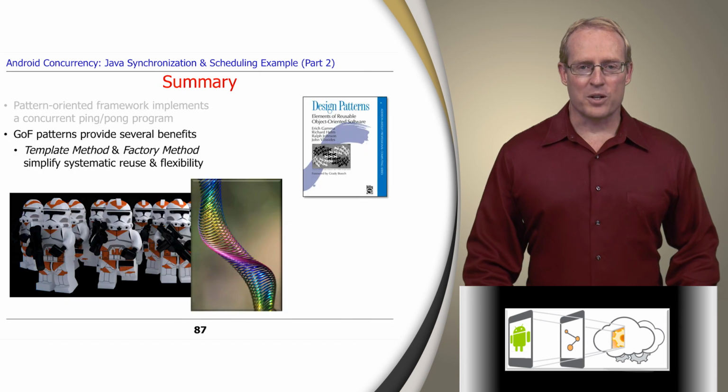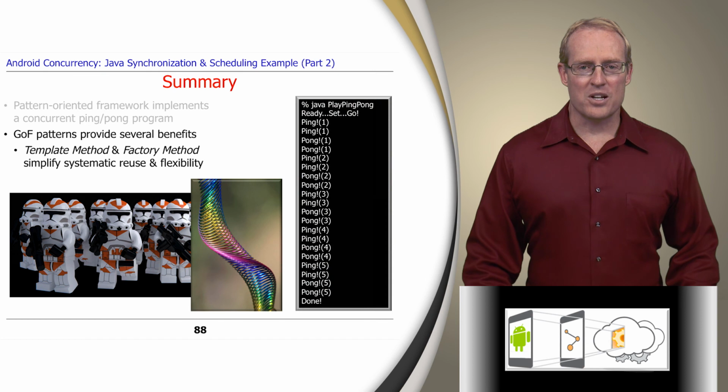The use of the Gang of Four template method and factory method patterns enhances systematic reuse and flexibility by making it easy to switch between Java semaphores and condition object synchronization mechanisms without changing the framework or application software. These patterns also extended the program to transparently support more sophisticated ping pong behavior, such as allowing each thread to print multiple ping or pong strings consecutively during its turn.